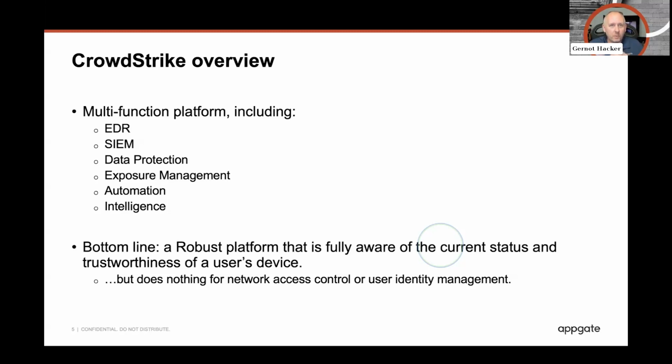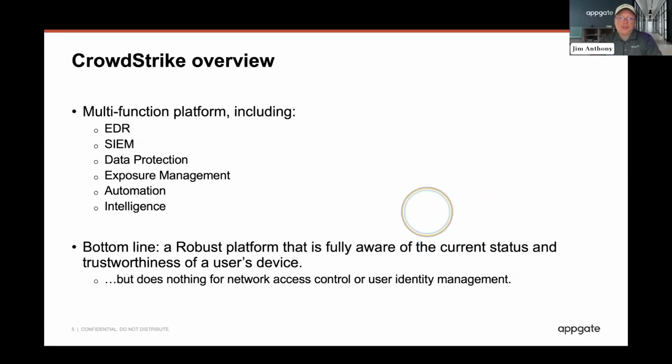So this gives you a completely different picture. It's also a very convenient tool to look at different categories of what's relevant to you regarding posture of a device. And that's a whole different level than purely antivirus was back then. Yeah, so it's definitely valuable if you want to know what's going on on your endpoints.